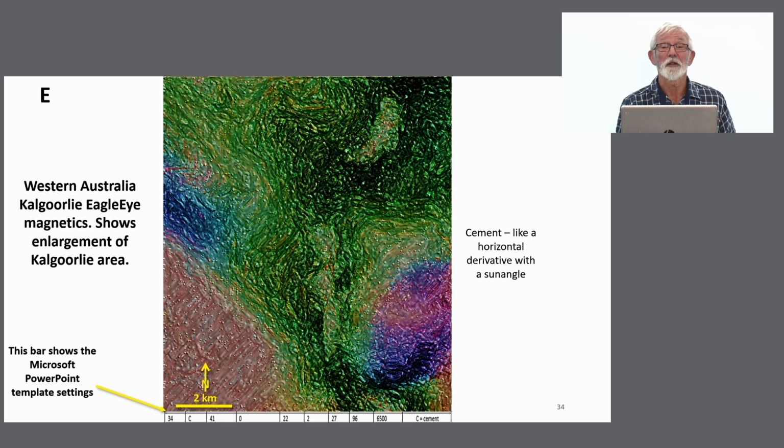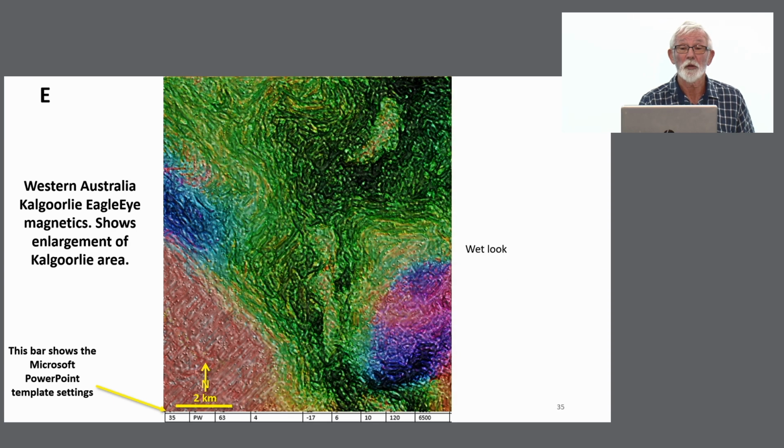And then cement, which is like a horizontal derivative, so it flattens everything out, takes out your magnetic topography, and also gives a bit of a sun angle to highlight the high areas that are still there. Now we're starting to see some structures coming through, north-south ones. Anybody who knows Kalgoorlie will be starting to recognise this lot here.